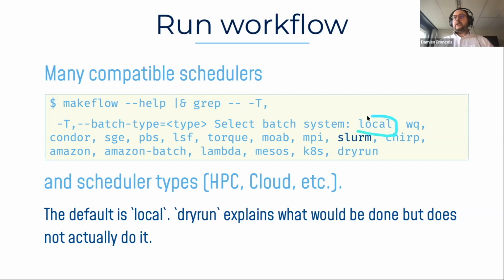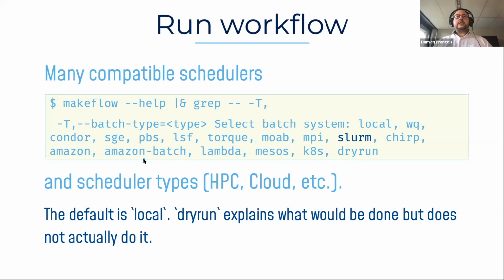It can be local, which is the default, so not using the scheduler. And you see Condor, SGE, PBS, LSF, Torque, Moab, Slurm. You see MPI here, because you can actually use MPI as a workflow manager.